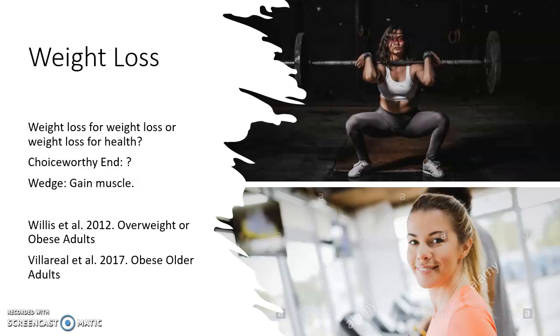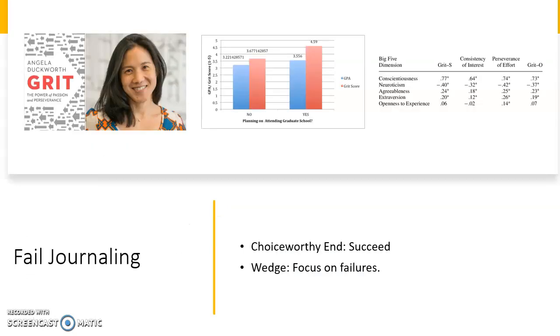So their lean body mass will increase, their body fat will decrease, they'll gain strength, so they won't lose much by way of bone density as they age. That's a particular problem for women as they age, and so we might find that if the goal is, oh, I want to lose weight, gaining muscle might actually be the best thing for you. It's clearly a wedge because it's a change in the direction of force.